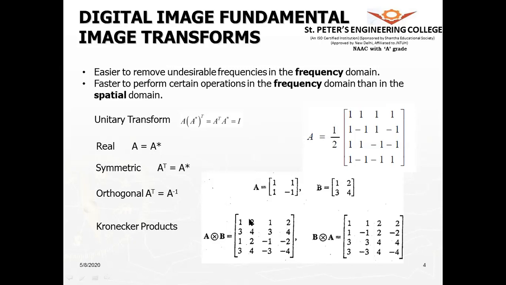The first element of matrix A is multiplied by all four elements of matrix B, and you get the first four elements of the Kronecker product.